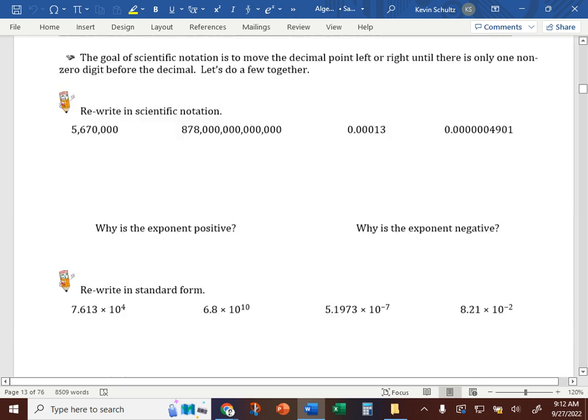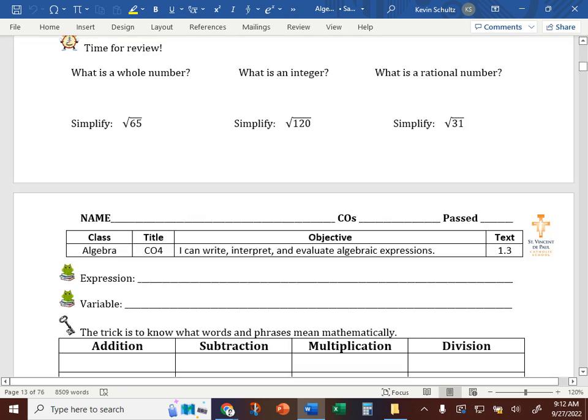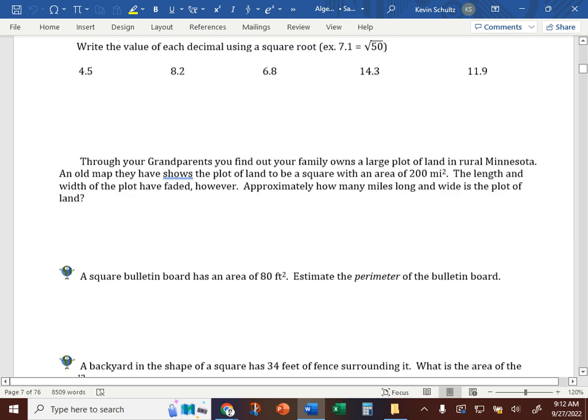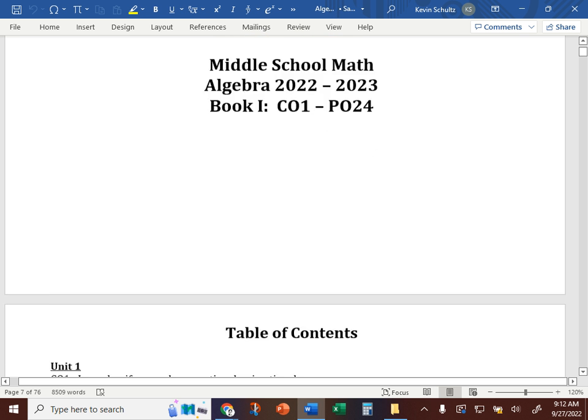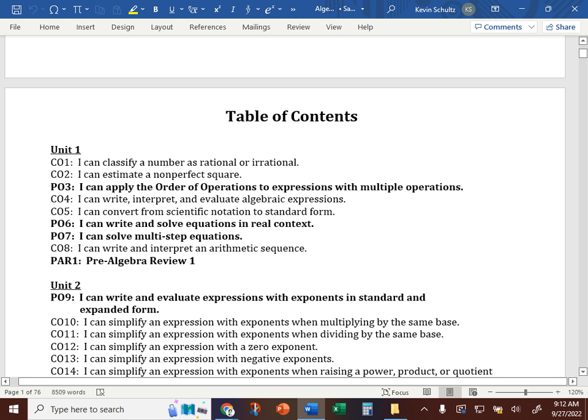We are slowly coming up on a test according to our table of contents. We've got one after CO8. We're on PO6. Shh, folks, I'm still talking. So a test is looming. Just know what's out there. Okay, it's coming up after a couple more POs. So homework for tomorrow, finish PO6. That's high math.